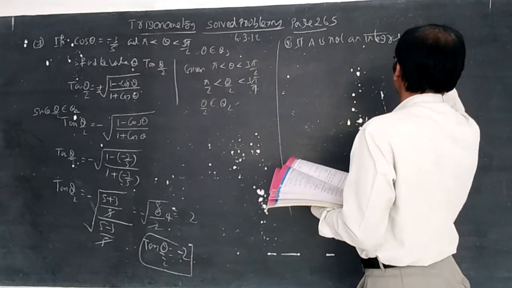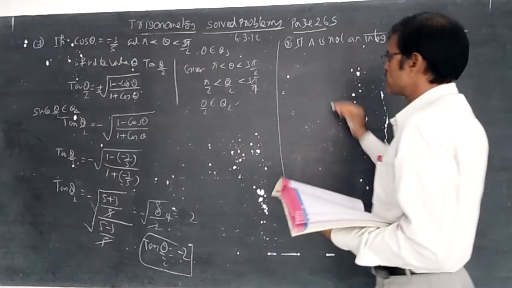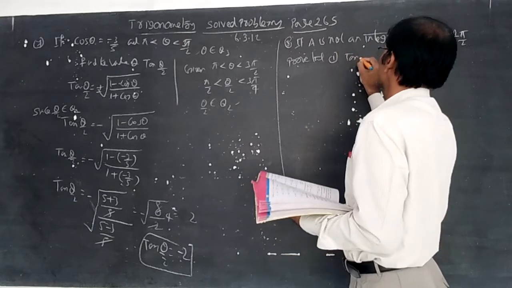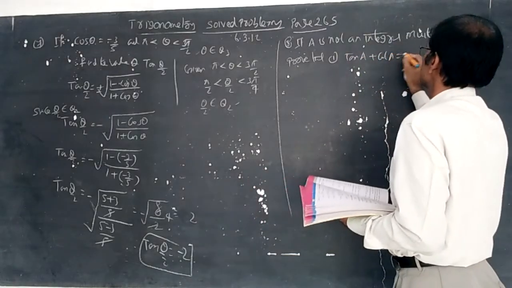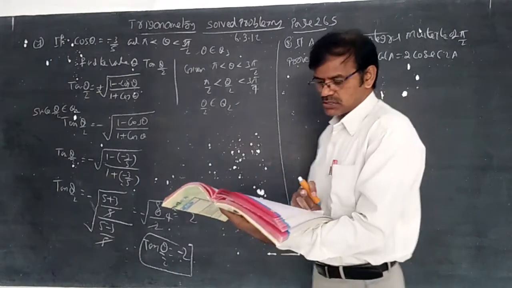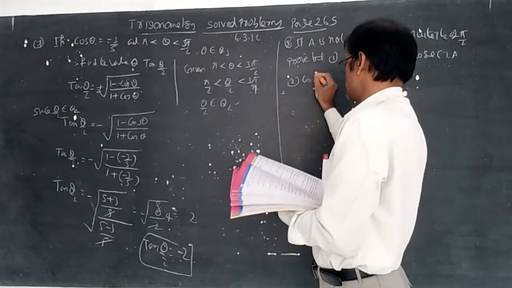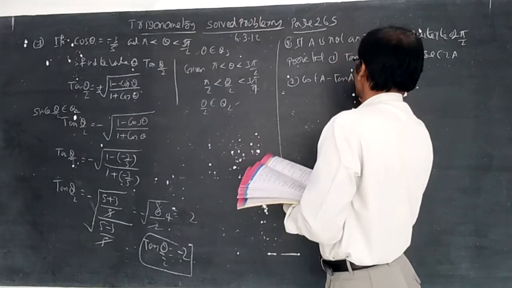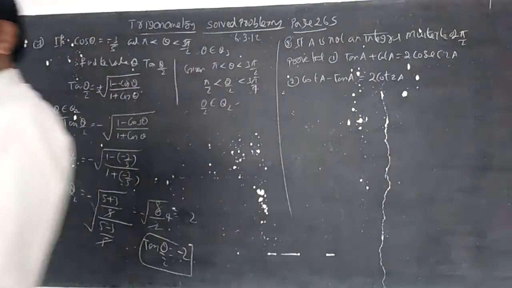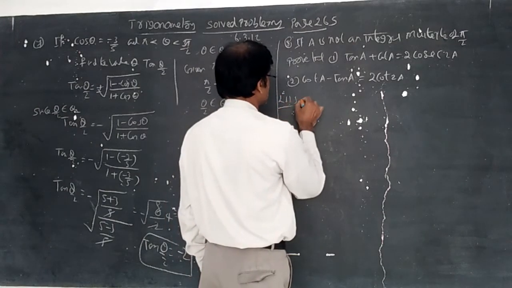If A is not an integral multiple of pi by 2, prove that: first one, tan A plus cot A is equal to 2 cosecant 2A; and second one, cot A minus tan A is equal to 2 cot 2A.